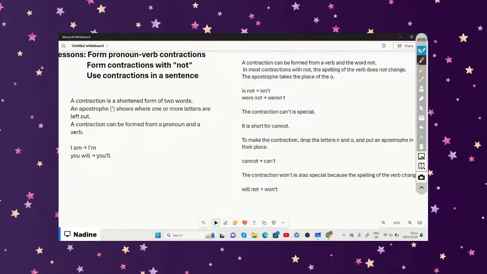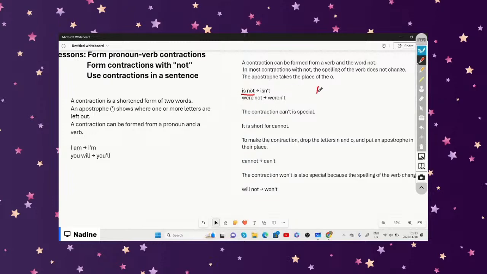And if we look at an example, right, is not. So in order for us to create our contraction, we will say is not.